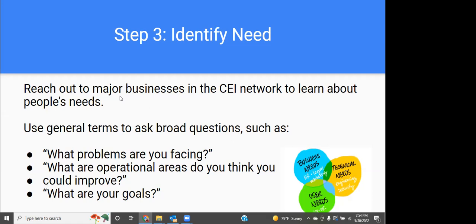They're certainly having burgeoning issues about privacy. They have some employee burnout issues. Any business, even if it's successful, has problems, and you need to get them talking about their problems. If it's not a particular problem, another good question to ask is, what areas operationally or technically do you think you can improve?